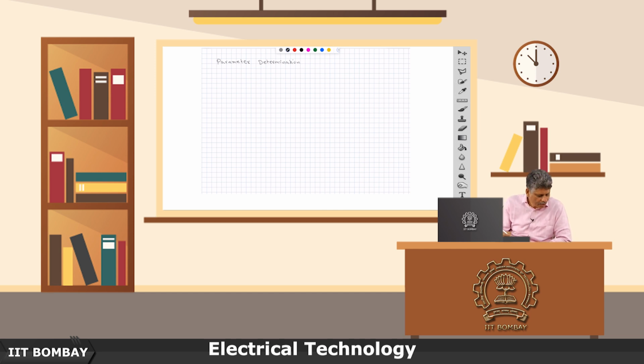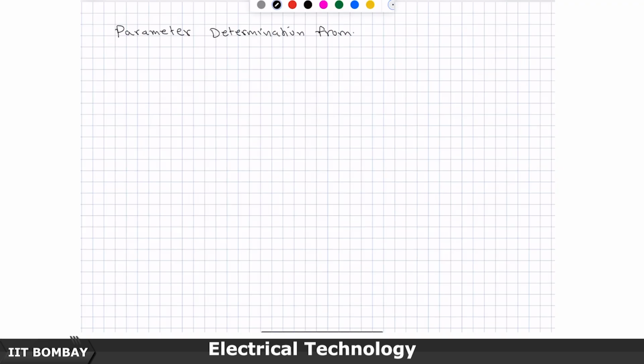So, parameter determination from basically two tests that we are going to do. For the induction motor, one is known as the no load test, and the other is known as the blocked rotor test. So, the induction motor is a generalized transformer.